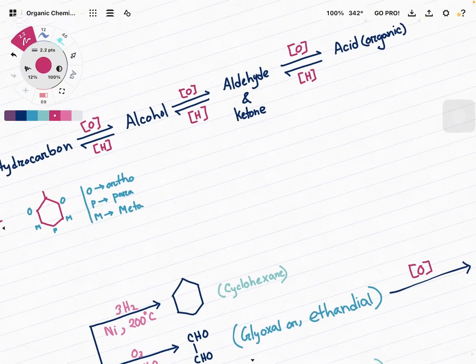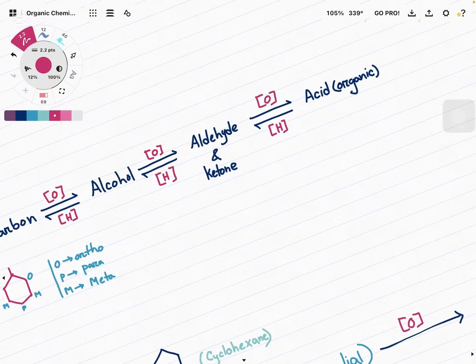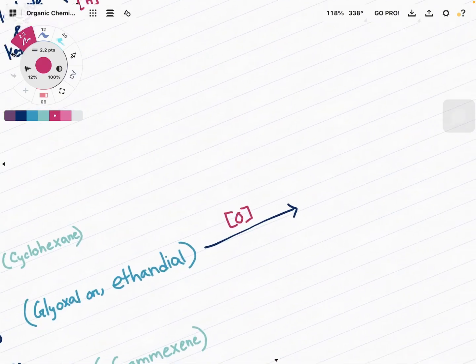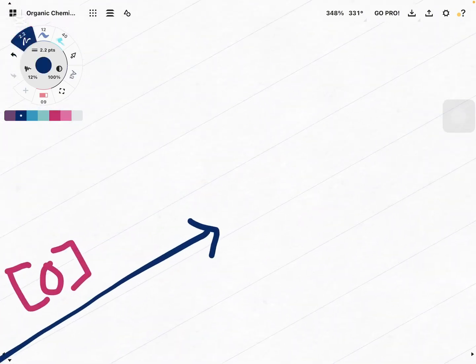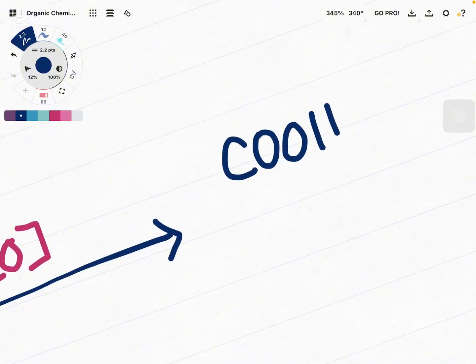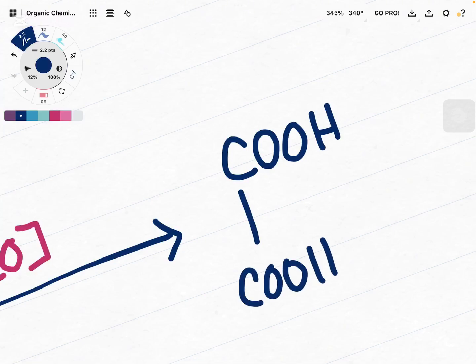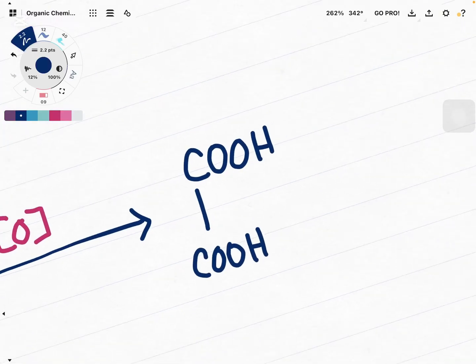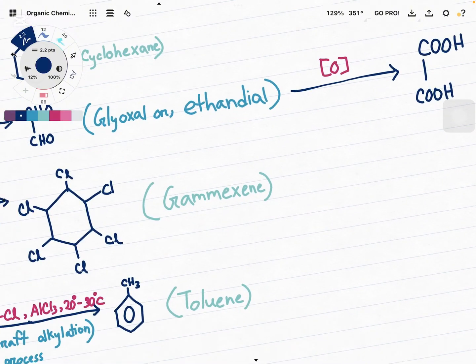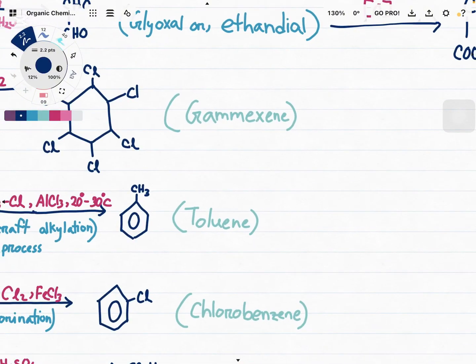So if we oxidize aldehyde we will get acid. The acid will be oxalic acid. So let me put it here, oxalic acid. So we got our acid, and we move to our next reaction.